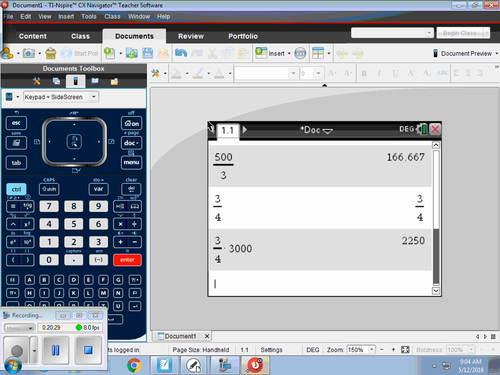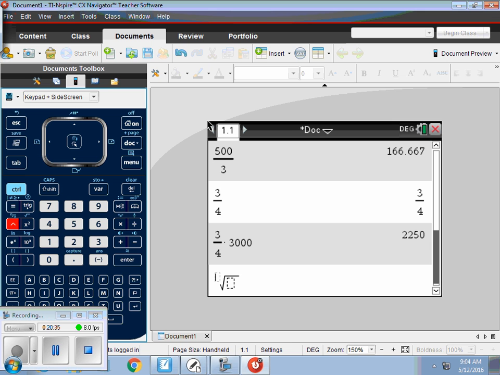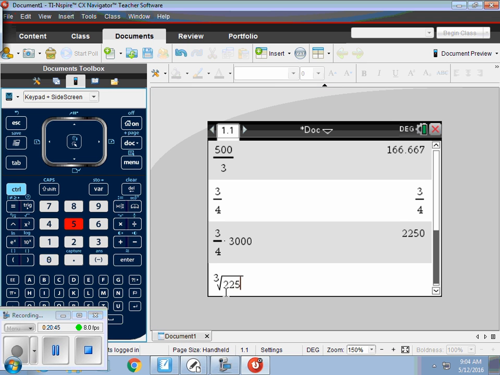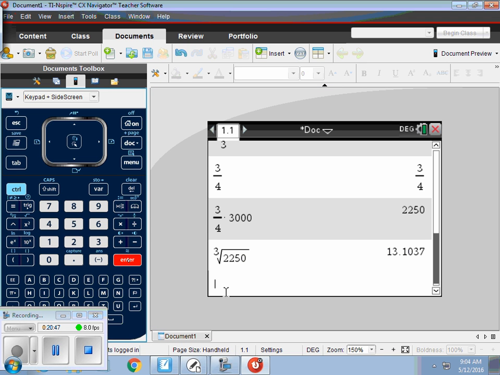In the calculator, if you hit Control and then that arrow up, you see now we can put the exponent of 3 on the outside, and then we can put our 2250. 13.1097. There we go. Then you just do the surface area.